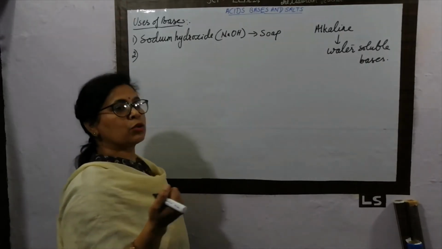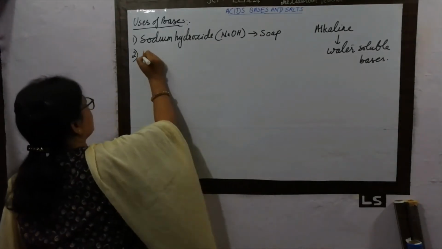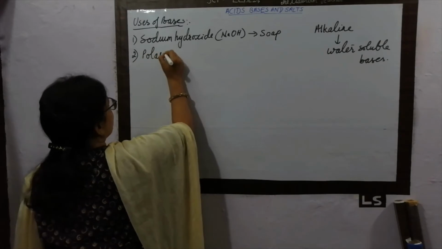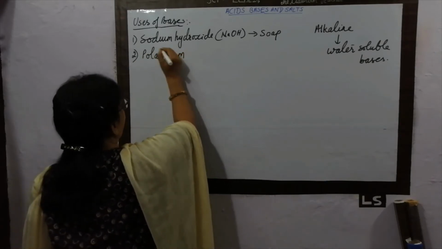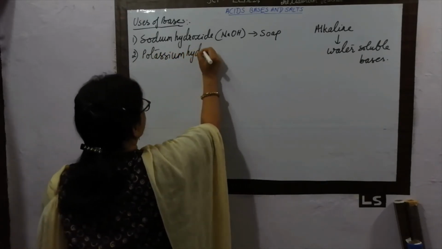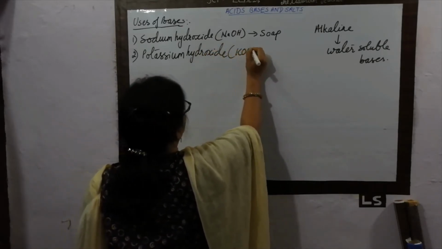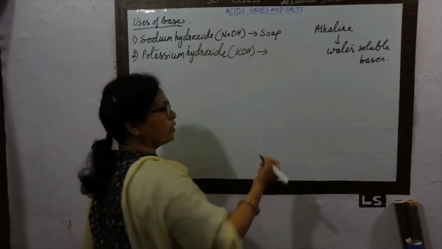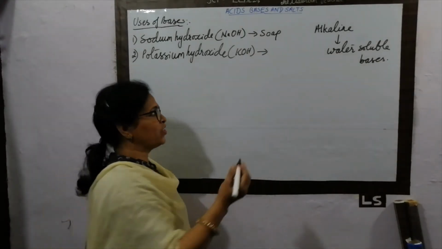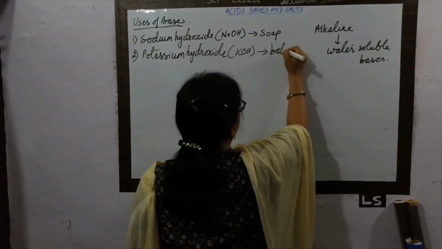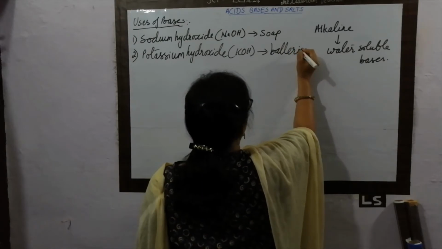One more is potassium hydroxide. Potassium hydroxide is KOH, and it is used in batteries.